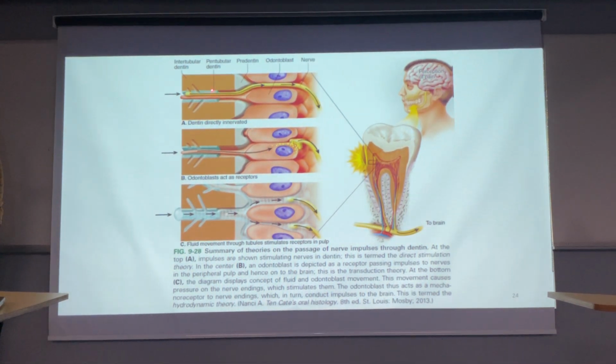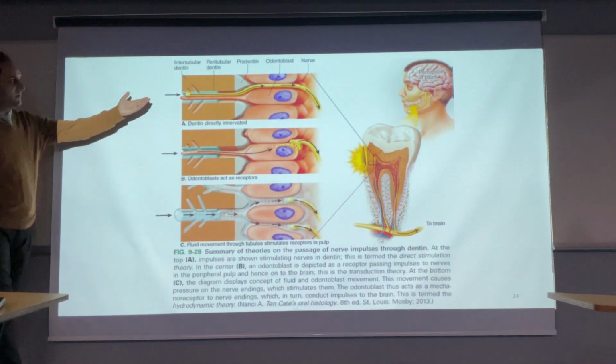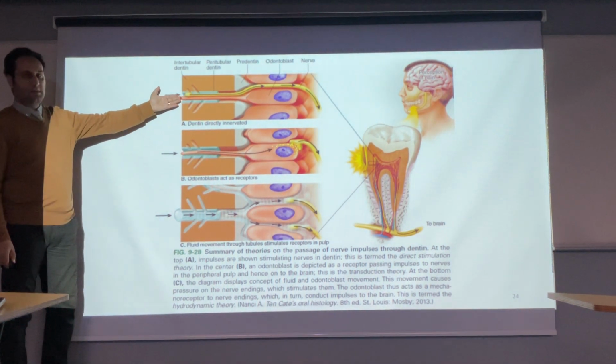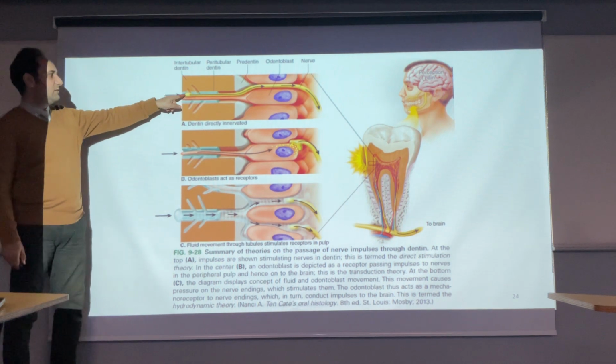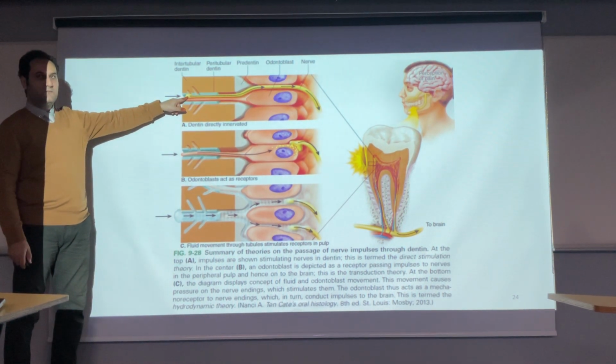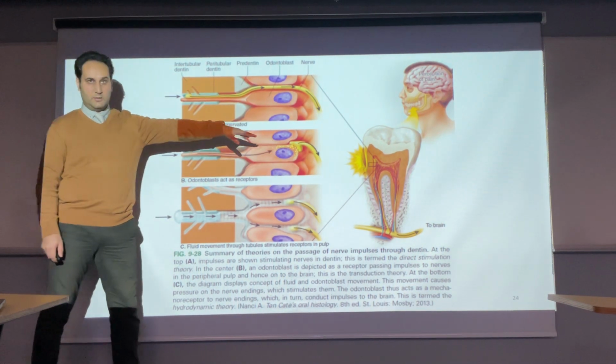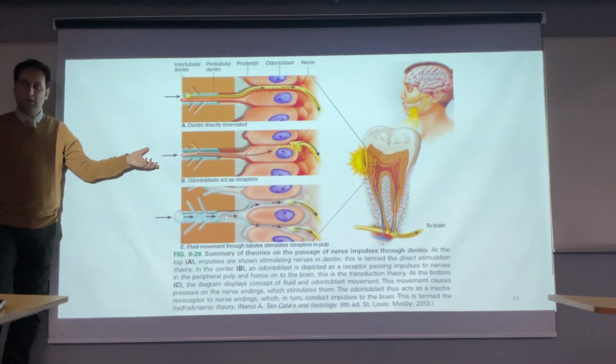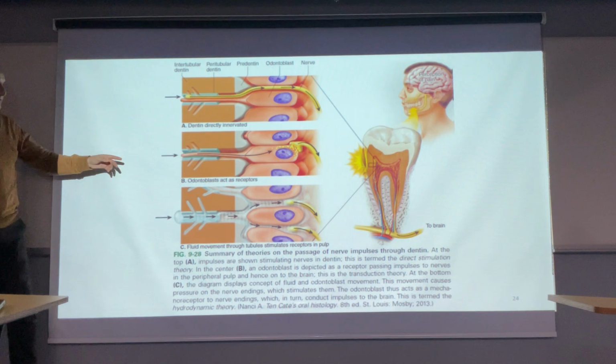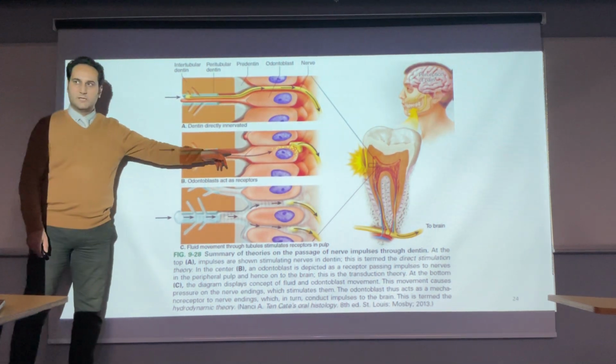And here we have the peritubular dentin. And in this space, a pain-inducing molecule can directly stimulate the nerve fiber, and from this nerve fiber, pain can be transduced. In the other theory, the pain is transduced by the odontoblast.